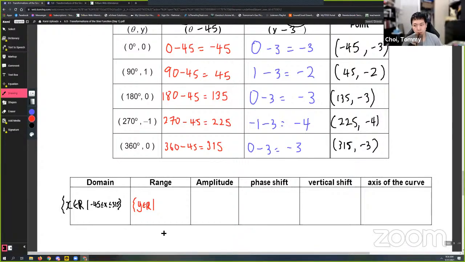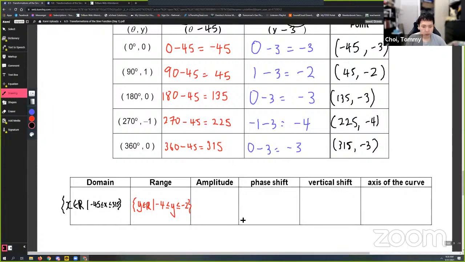That's not the lowest value. -4 is our lowest value. Less than or equal to y, which is less than or equal to -2. Perfect. Thank you, Christian and Brooke. So that's going to be our range for this one. -4 to -2. So we have our lowest value and then we have our highest value, right? So that's going to be our peak and trough. And so we put that into our range.